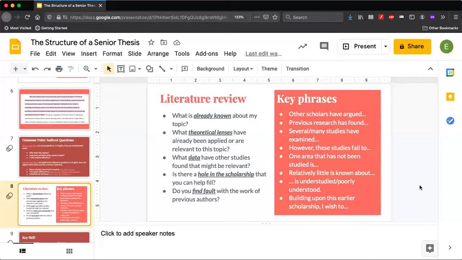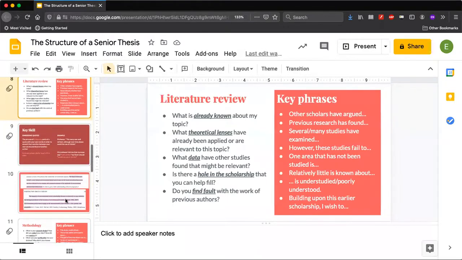However, these studies fail to consider something. One area that has not been studied is... relatively little is known about something. Something is understudied or poorly studied. And then, as I was mentioning earlier, building upon this earlier scholarship, I wish to investigate something.